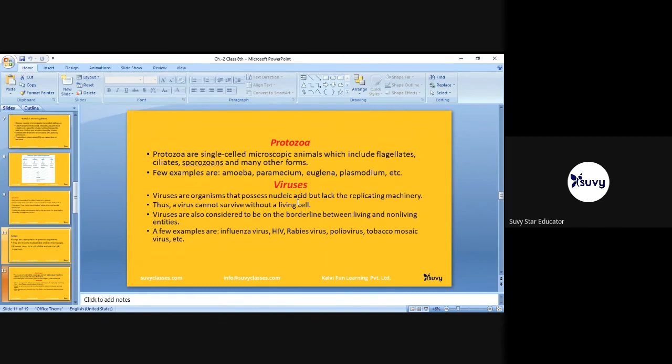So nucleic acid is just the cell organelle which will control all the activities of that particular virus, but there is a lack of one molecule, or you can say one component, which will not allow the multiplication of this virus. That's why viruses are non-living in the environment.